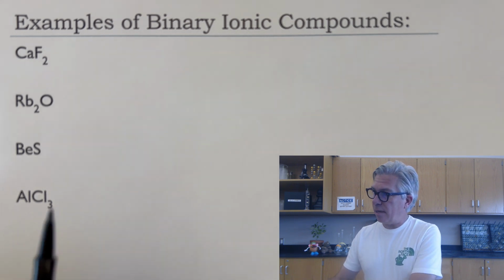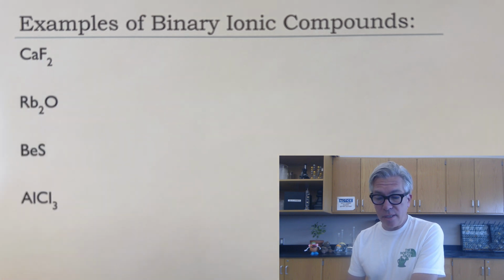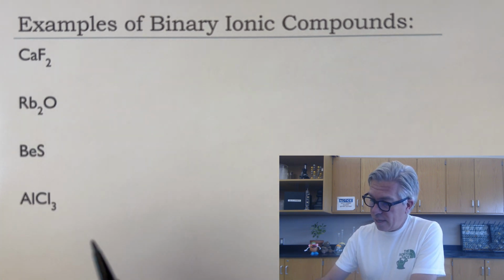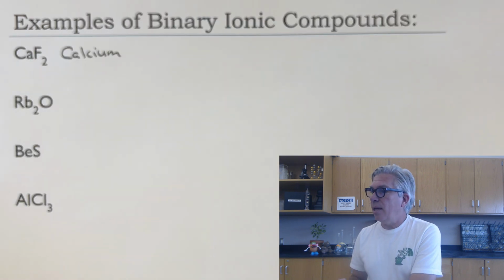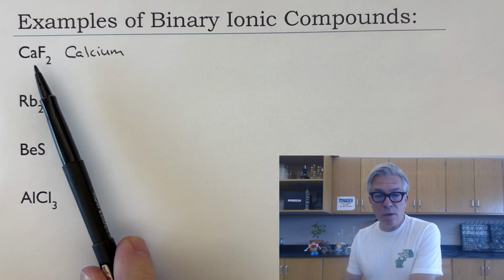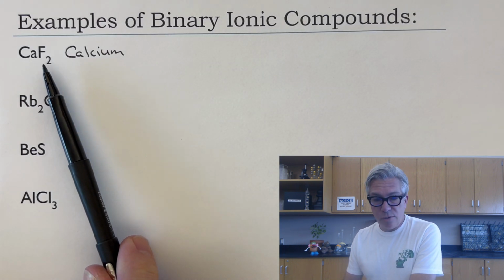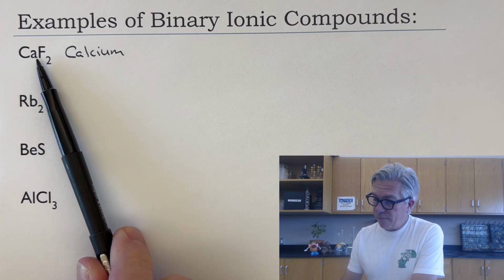In my first example, I see CaF2, and I recognize calcium as a metal, so I'm dealing with an ionic compound. So I'm just going to name it. Calcium. Okay. And then I look at whatever's left. Whatever's left, I want to name that with 1 word. And yes, there are 2 of them, but only 1 word. So 2 words total. And this is the fluoride ion.